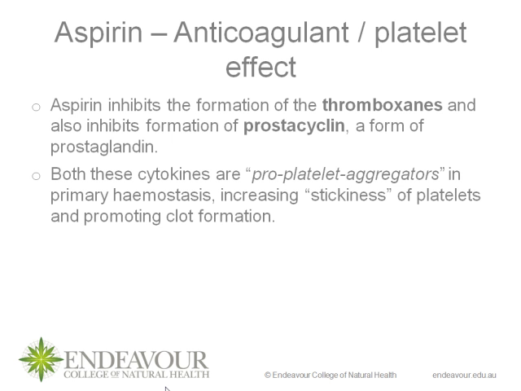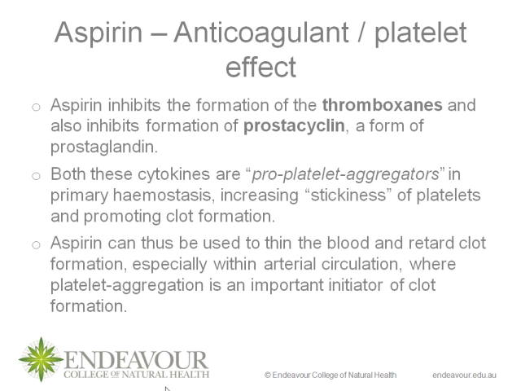Thromboxanes and prostacyclin are cytokines. They affect other cells, as we said, platelets. They make platelets aggregate. So when we say aspirin has an antiplatelet effect, we mean an antiplatelet aggregation effect. Aspirin is used in the language that your clients will use to thin the blood.